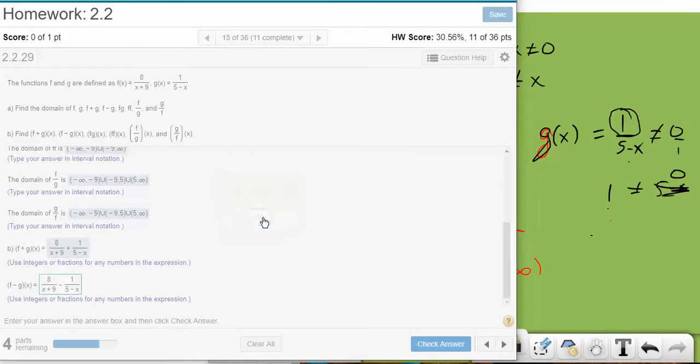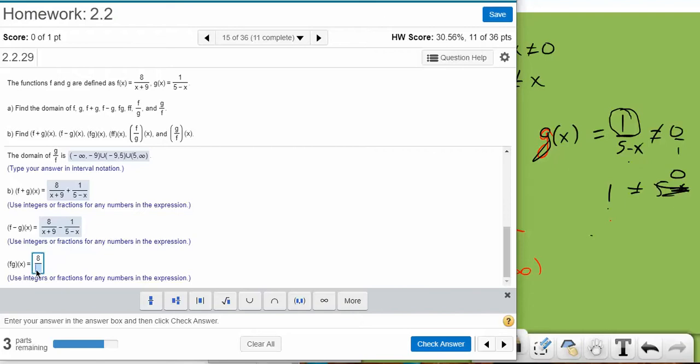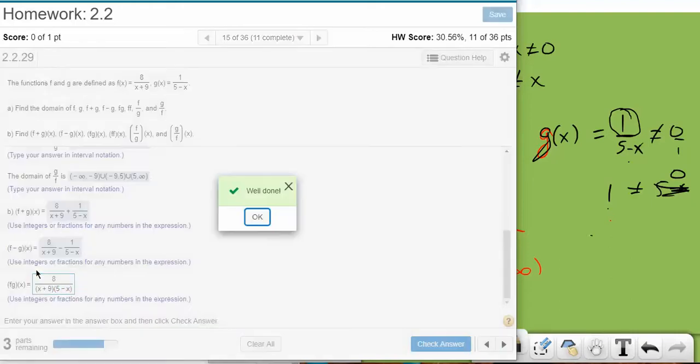Okay. And then f times g, so we're going to multiply. So that'd be 8 times 1 is 8 on top. And on bottom, I don't think we have to FOIL it, so we'll just write it with parentheses: x plus 9, and then 5 minus x. So just leave it like that.